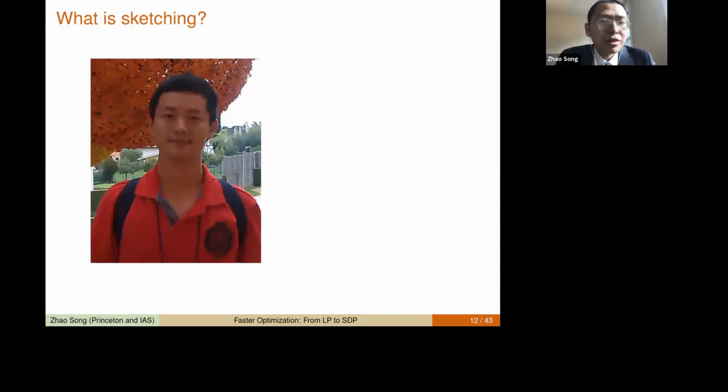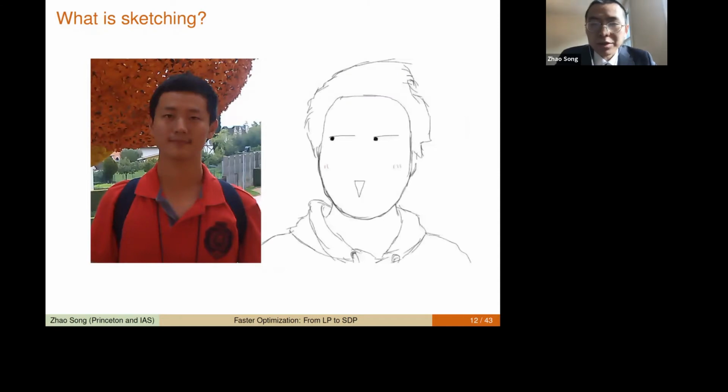And this is another picture of a boy, and here is a sketch. You just draw the boundary. Of course, if you do a sketch, you will lose a lot of information from the original picture, for example color or details. However, if you look at the sketch, you can still roughly tell who this person is. That's the major point of sketching.